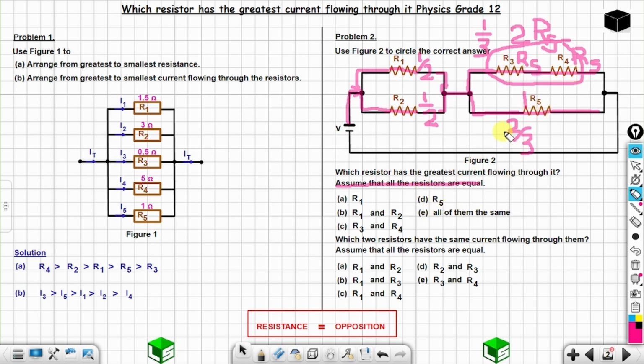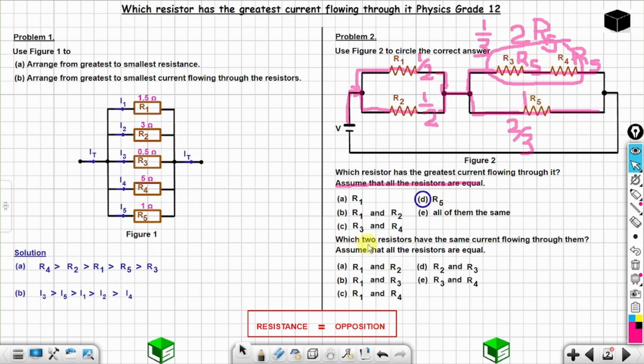You're going to have 2/3 of the current flowing through R5. On this part you have 2 parts, 1, 2. So I hope you understand. R5 has the greatest current flowing through it.